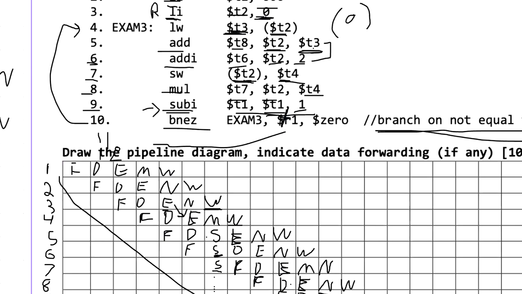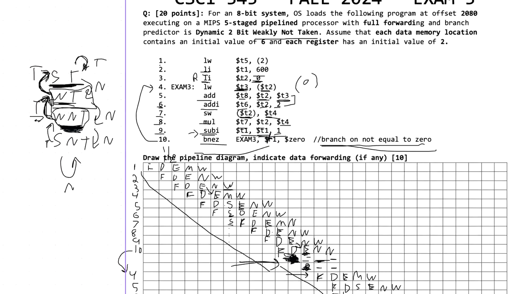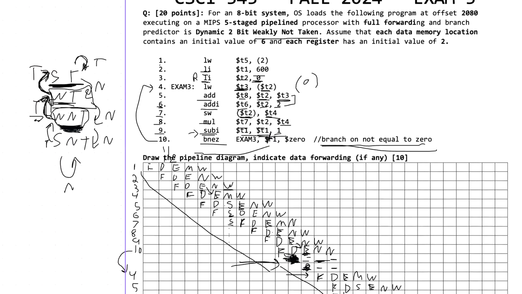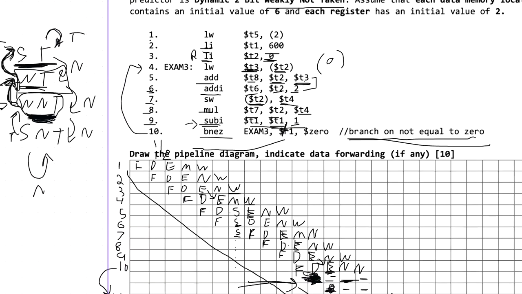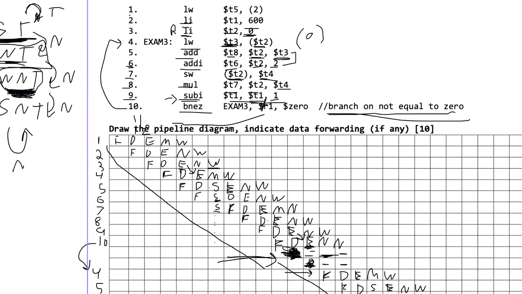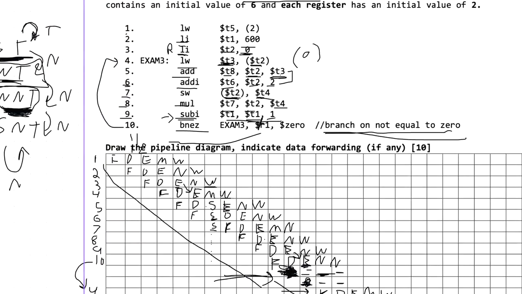So in that case, the only data forwarding we need to keep in mind was from 3 to 4, right? This was a load immediate, which is essentially an R type, to a load word, totally fine. From 6 to 7 was a stall because it was, wait, 6 to 7. Oh no, I'm sorry.